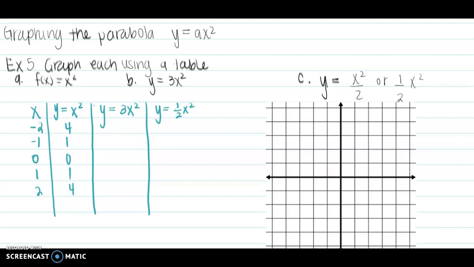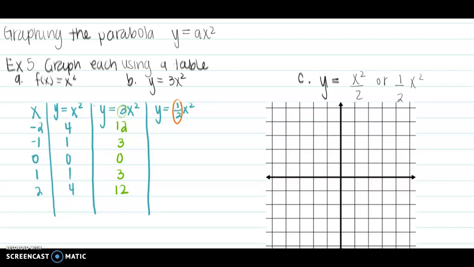And then what you're going to notice is here you have x squared times 3. So we already did x squared. That means all we have to do is multiply the values times 3. So 4 times 3, that's going to be 12. 1 times 3, that's going to be 3. 0 times 3, 0. 1 times 3, 3. And 12.